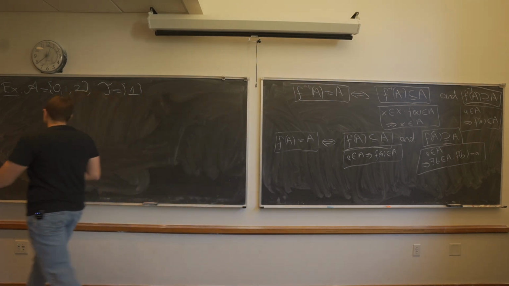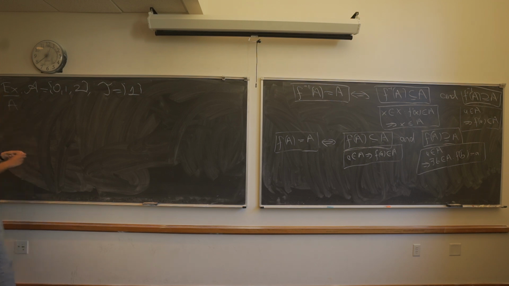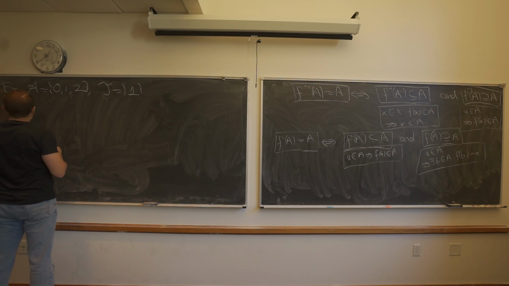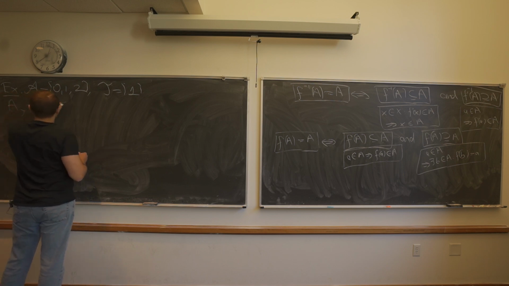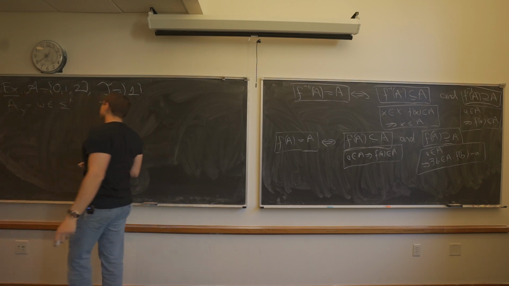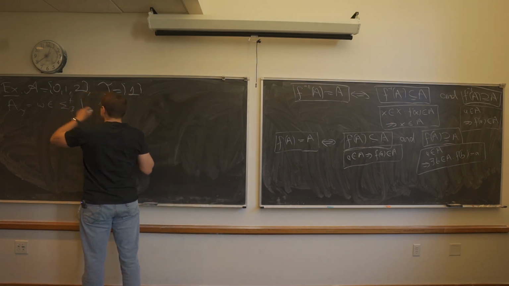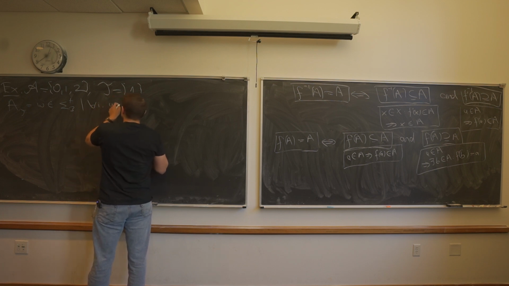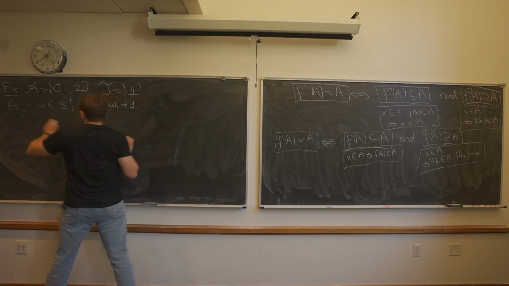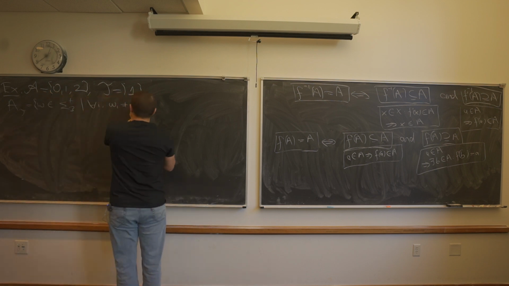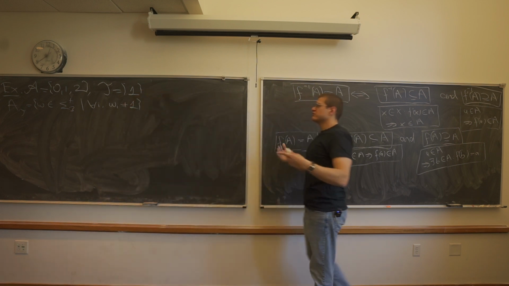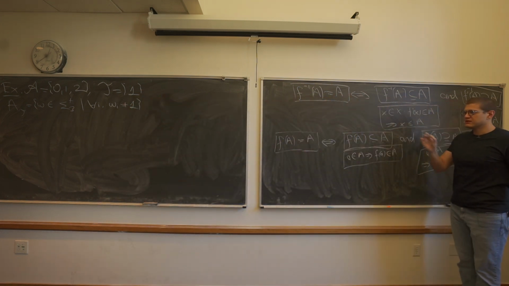So the subshift of finite type defined by this is the set of all those sequences with 3 symbols, such that you never see the symbol 1 anywhere. So it is either a 0 or a 2 at any spot.